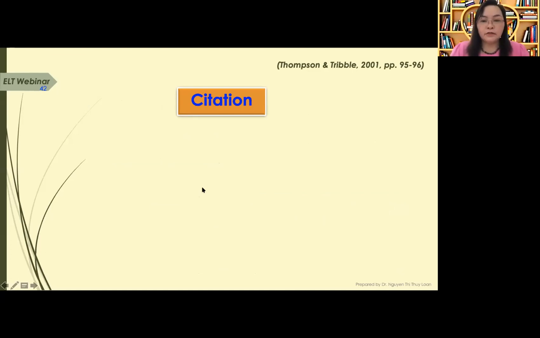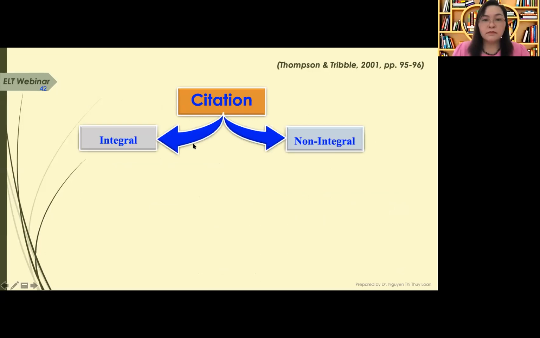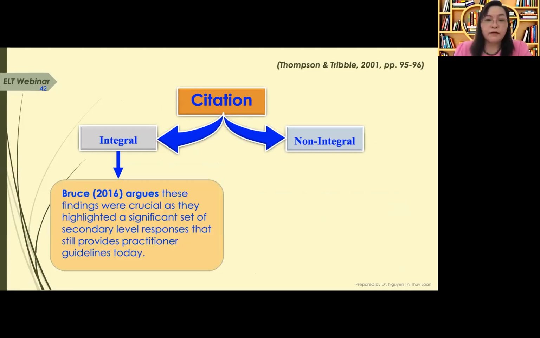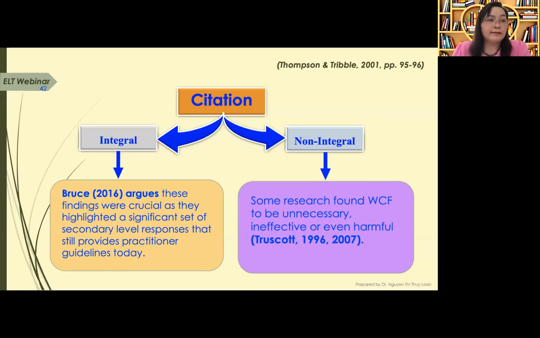The integral one means you place the name of the cited author as a part of your sentence, as you can see in this example. And the non-integral one is where you place the name in the bracket. And in the science fields, you place the number in the bracket to refer to their study.